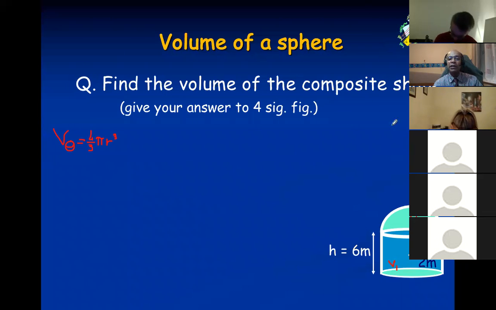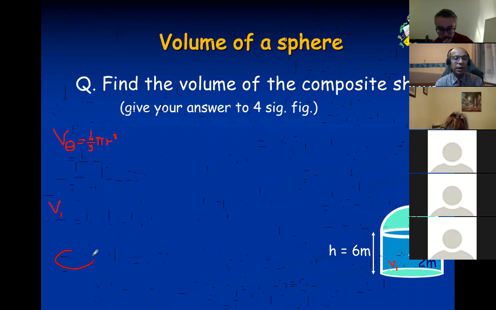So whenever you hear this composite shape, think about splitting them into shapes that are more common to you. So the first shape, we're going to call it V1. So V1 is this shape here. Remember we did the cylinder today?